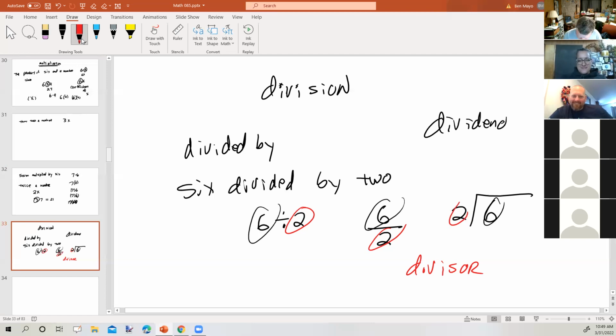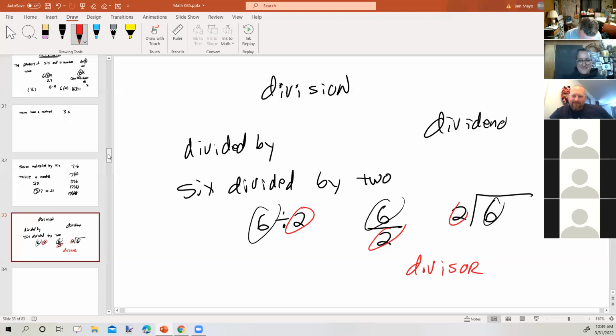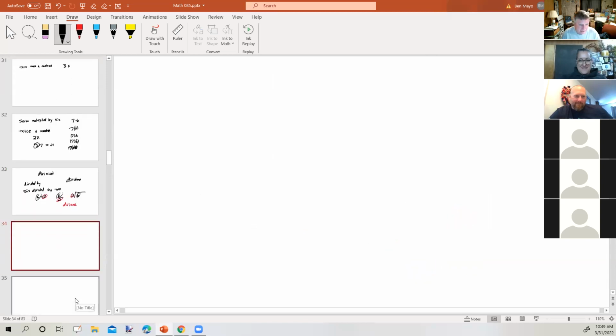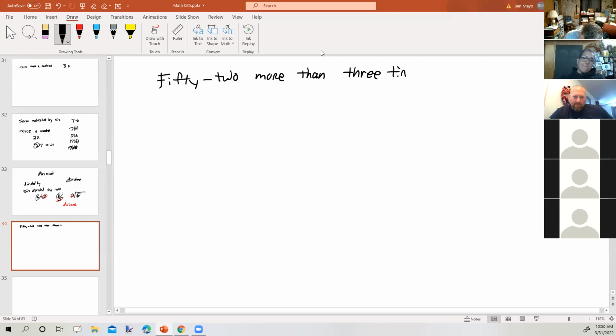All right. Now, let's take all of this and put it together and look at some slightly more complicated examples. Let's say I have 52 more than 3 times a number.